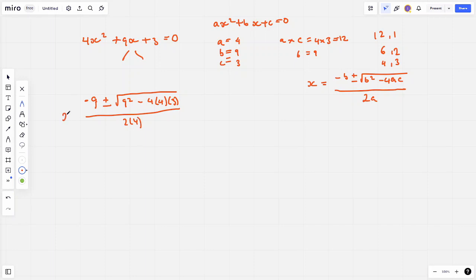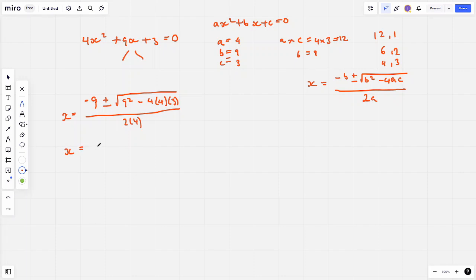So that's what your x roots will be. So you notice there's a plus and minus. What that indicates is there are two roots. You've got the minus 9 plus the positive root of 9 squared minus 4 multiplied by 4 multiplied by 3 divided by 2 times 4, and then you've got the minus 9 minus the root divided by 2 times 4. So let's go ahead and simplify this as much as we can.